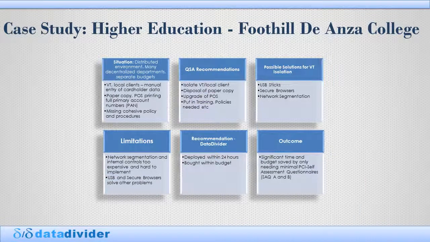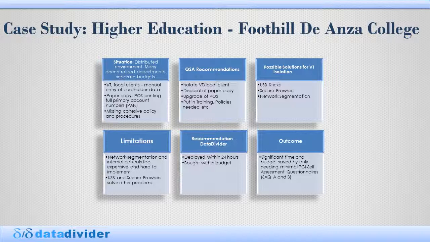Let's look at someone who has done this. This college is representative of a typical higher ed situation with various campuses, departments, and budgets. There are numerous methods of manual cardholder data entry, either via virtual terminal or local client into a hosted application.